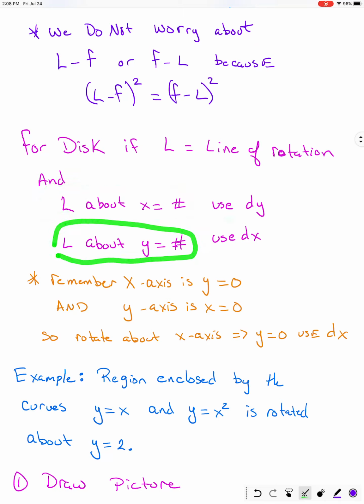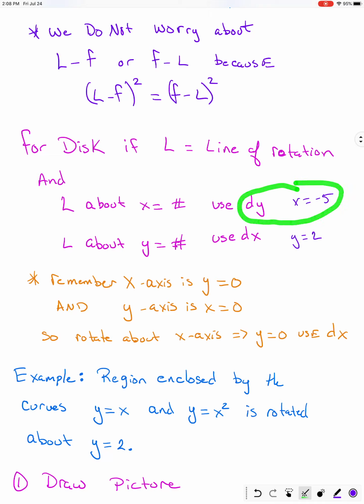So the disk method, dy versus dx, is always the opposite of the line of rotation. So if we're going around y equals 2, then we're going to use dx. If we were going around x equals minus 5, then we're going to use dy. It's always the opposite, right?